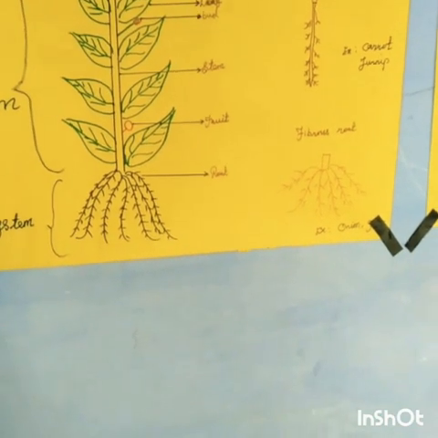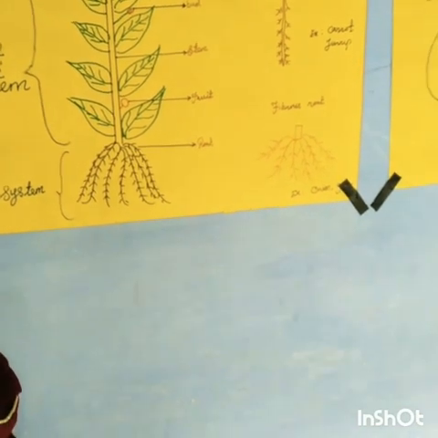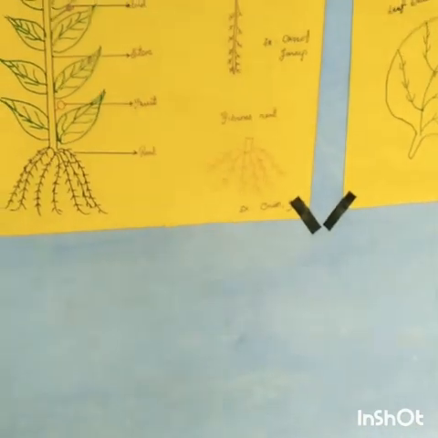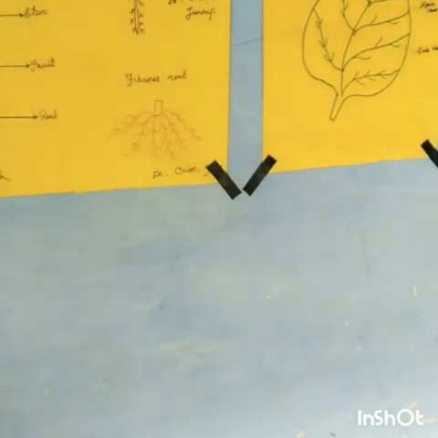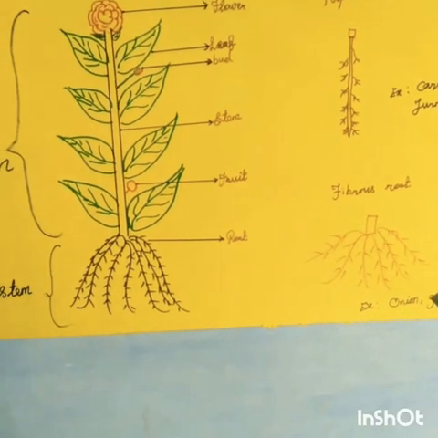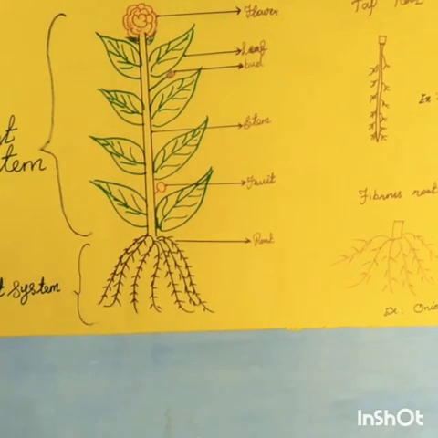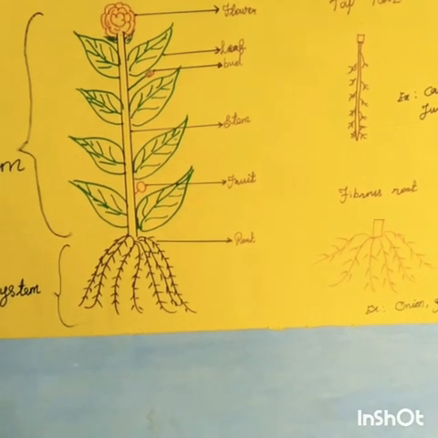Example, mango and peach. Some plants have many seeds. Example, papaya and watermelon. So, fruits have seeds inside. Seed grows into new plants. Seed helps in the germination of the plants.